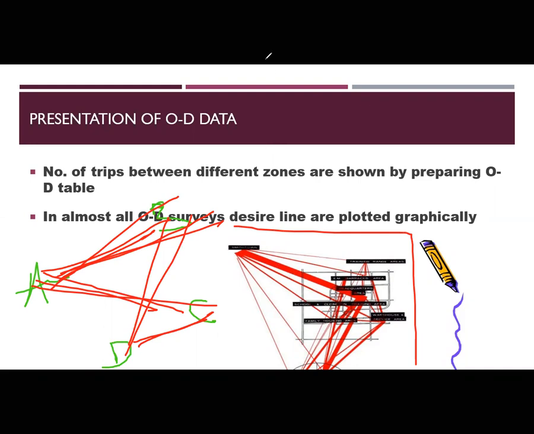In this figure, this line is very thick. It shows that those two positions are most used by road users. For that we have to observe keenly, and after that provide the proper solution for the problem.